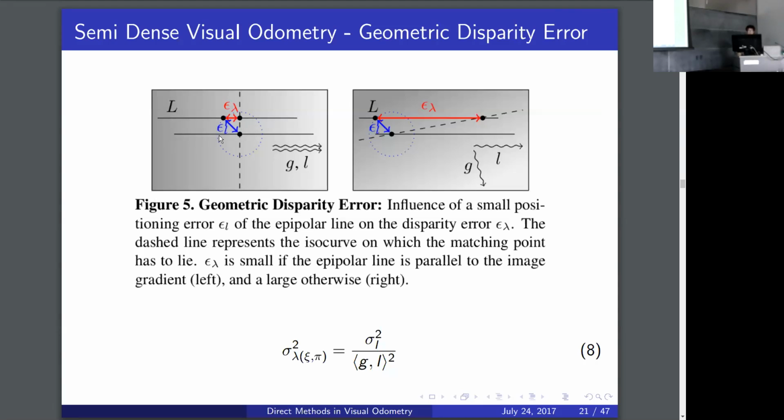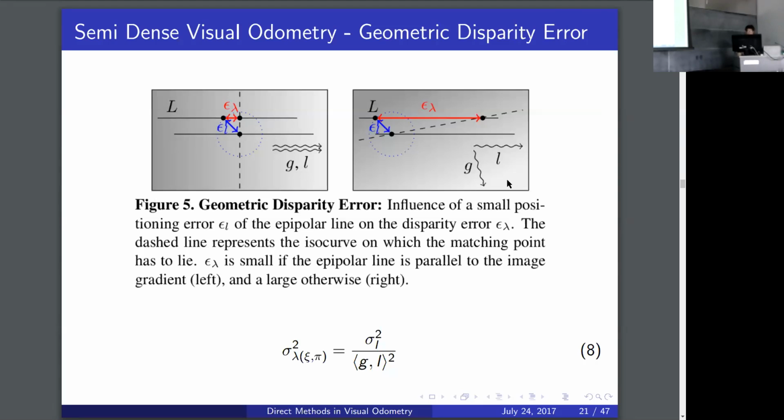These two are the epipolar lines of the two images, whereas this image denotes that the image gradient goes from the top left to the bottom right corner.